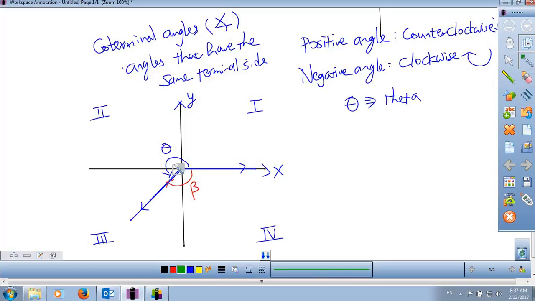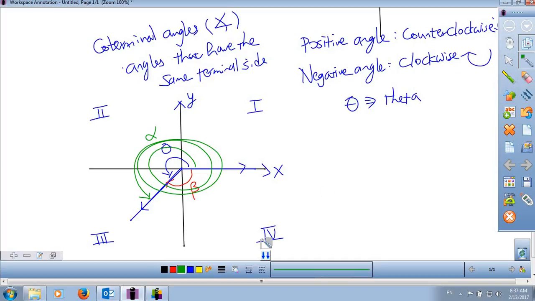If I use a green arrow, rotating 1, 2, 3 and coming back here, that angle, let's call it alpha, will be different than theta and beta, but it will have the same terminal side as theta and beta. So that's a coterminal angle.